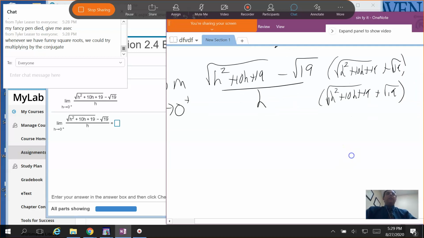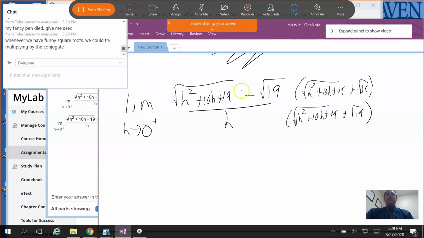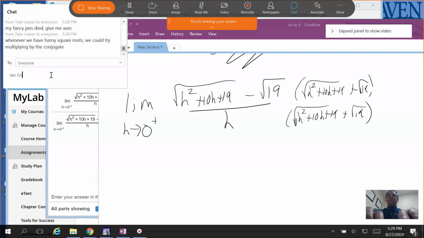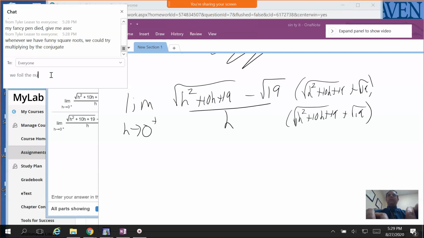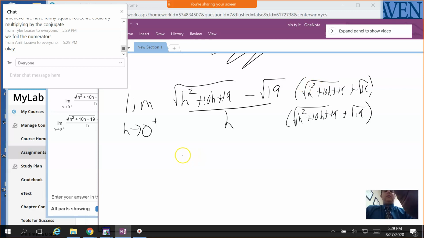All right, so when we do that, let me just go ahead and make this a little bit bigger. Foiling the numerators together, so this is going to be that square root times the other square root, and whenever you multiply a square root by itself, it just cancels out and you get the argument of the square root.